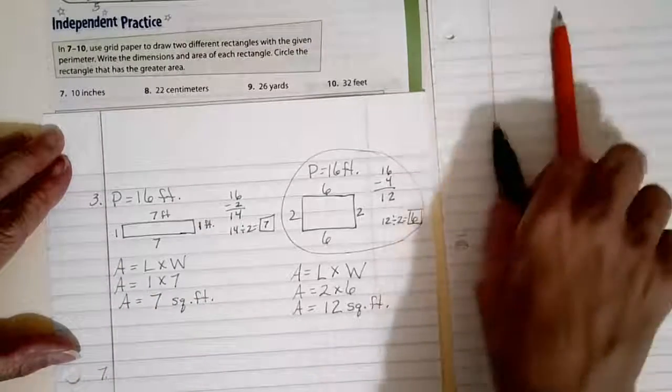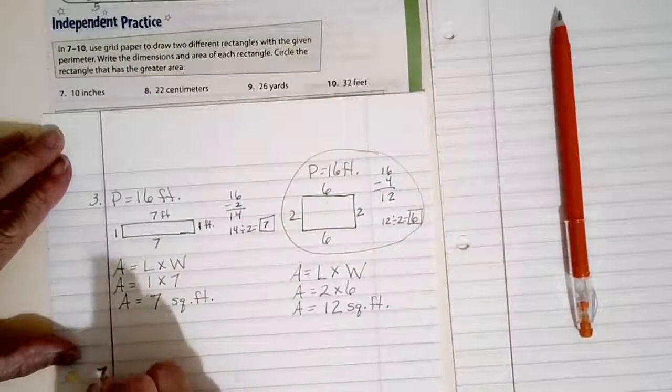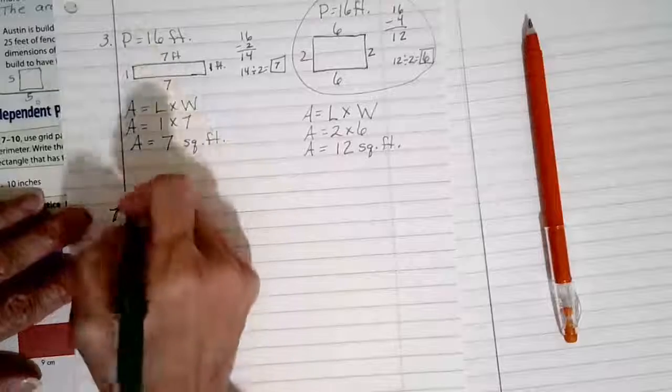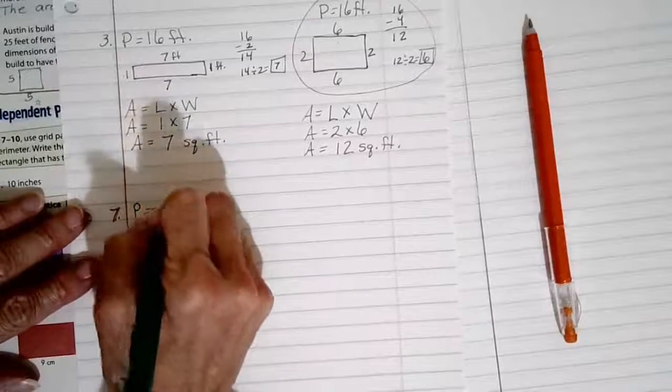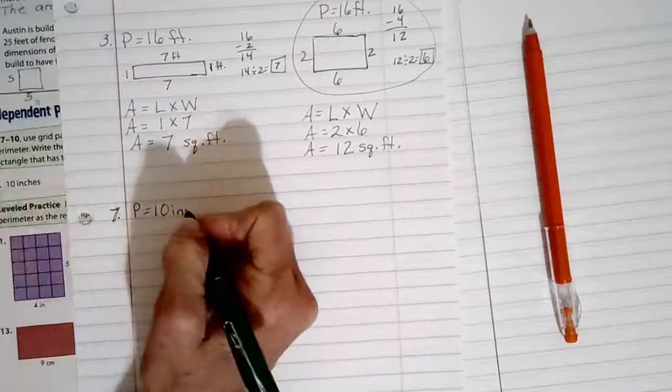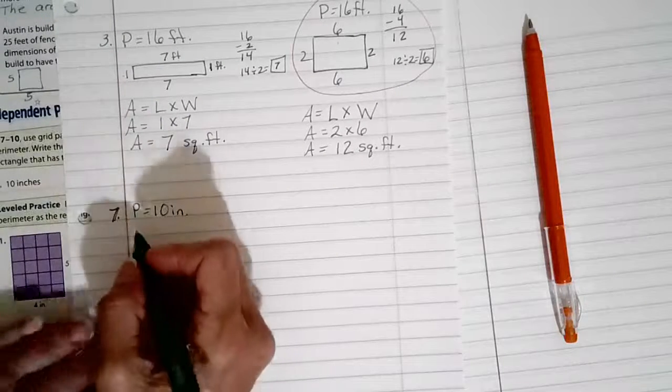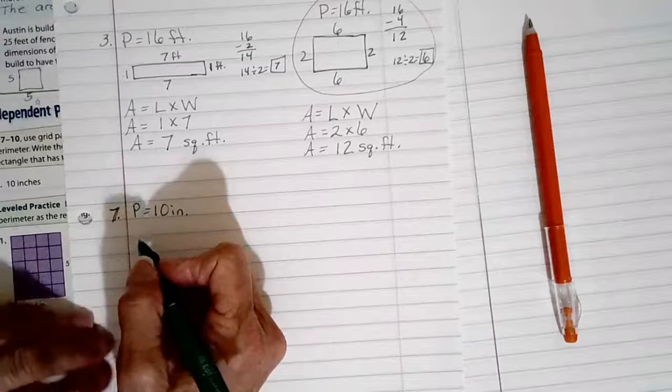Oops, let me get my green. And it says that perimeter is 10 inches. All right, so my perimeter equals 10 inches. And I want to figure 2 rectangles that will equal 10 inches.